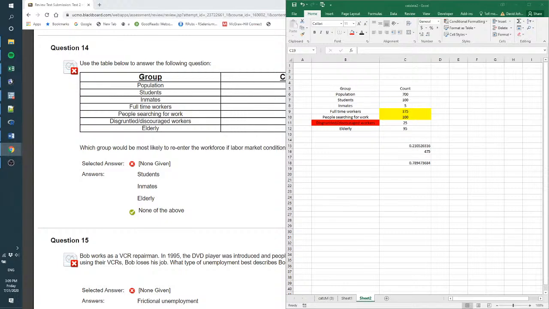That's a real stretch, because it implies the students went to school only because labor market conditions were really bad, and I suppose that happens from time to time. But you really have to squint hard for that answer to make sense.